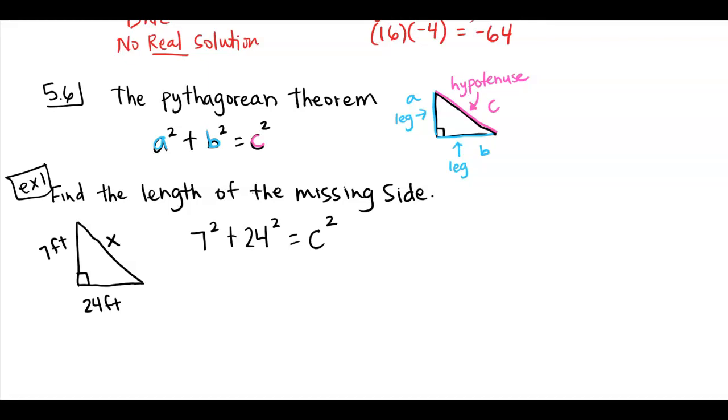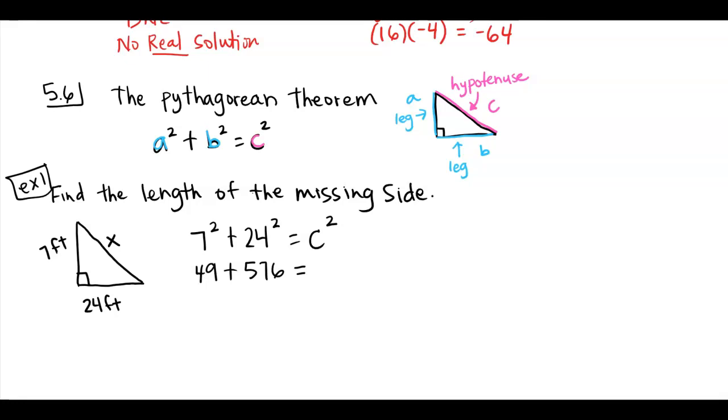According to order of operations, I've got to square these numbers first, and then add them together. 7 squared, 7 times 7, is 49. And 24 squared, you can put it into your calculator as 24 times 24, or there's a squared button on your calculator. That's 576.